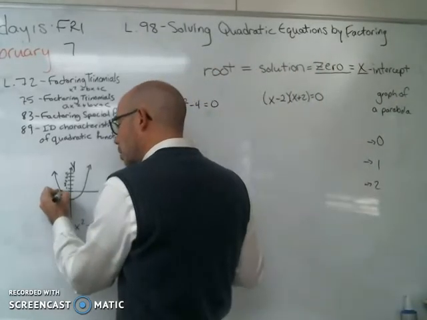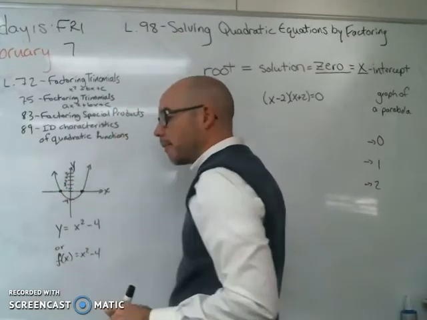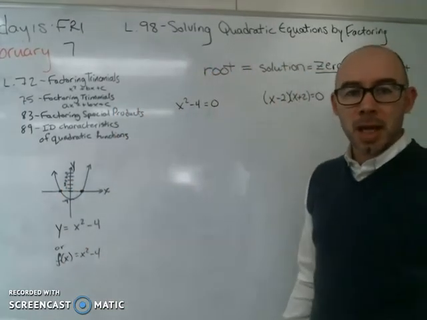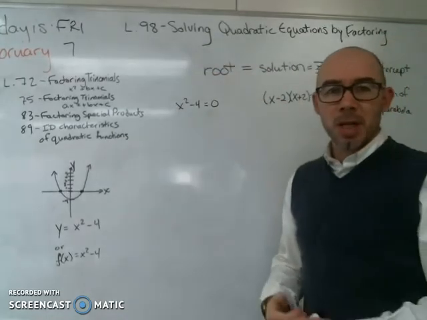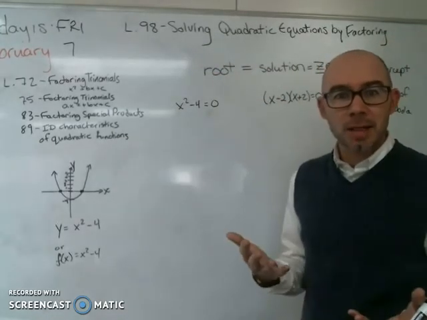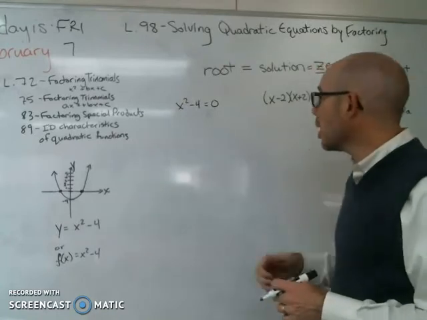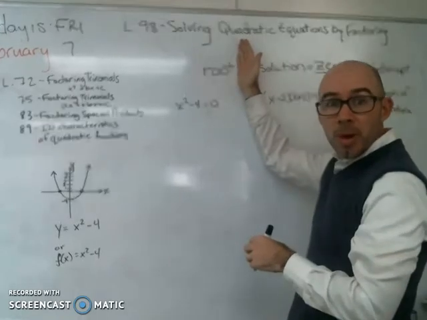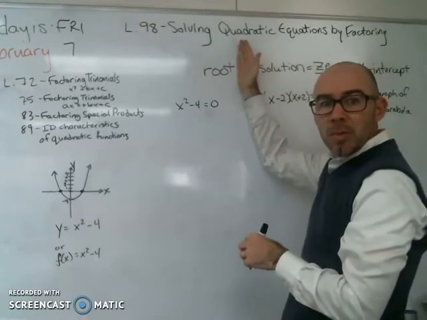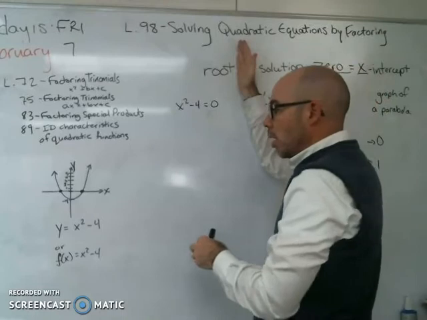Now we care about these points where our parabola crosses the x-axis. And the reason it has different names is because of different contexts in which the problem is being done. We would call it a root because what we're trying to do is solve this problem right here: x squared minus 4 equals 0.